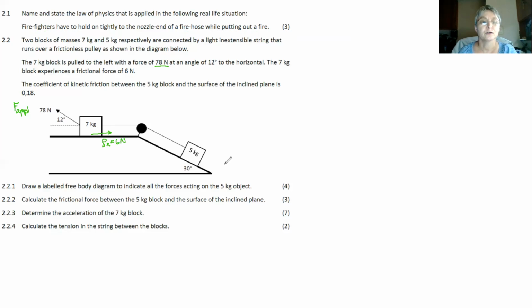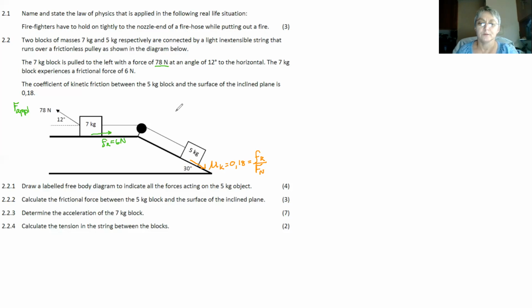The coefficient of friction between the 5 kg block and the surface of the inclined plane is 0.18. Now, this 0.18 is the ratio between the kinetic friction and the normal force on the 5 kg object.